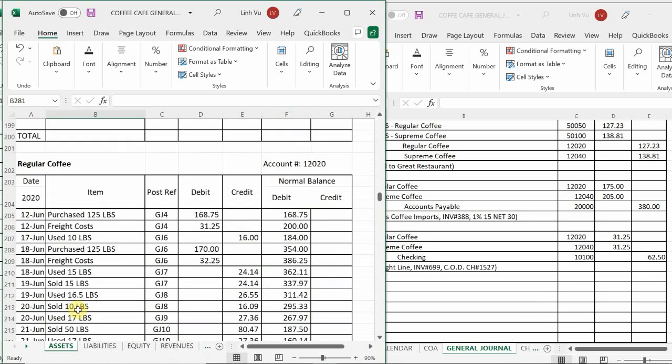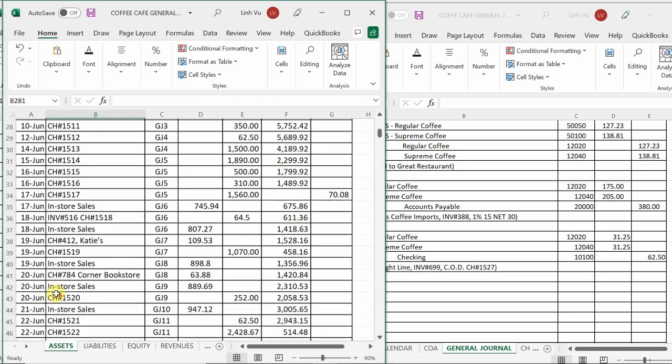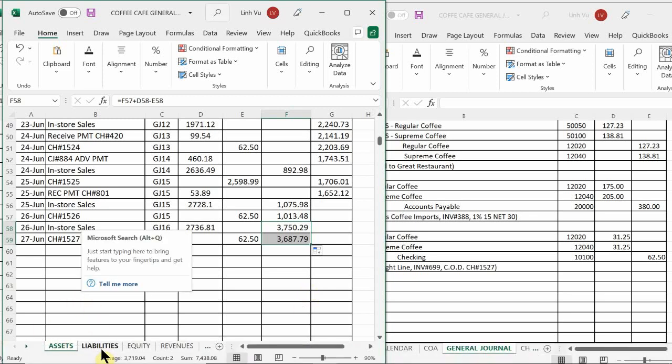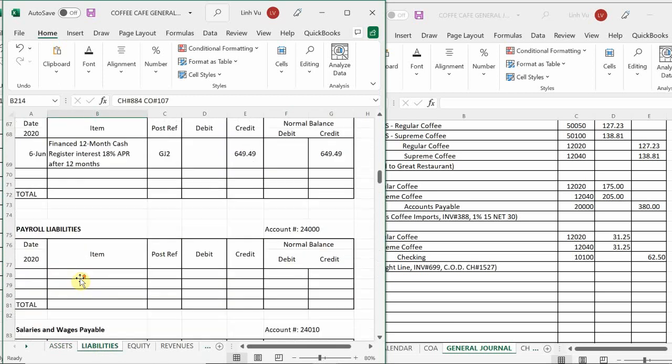Since I'm already in my assets, I'm going to go ahead and put my check in first. Ending balance should be $3,687.79. I also have an accounts payable.